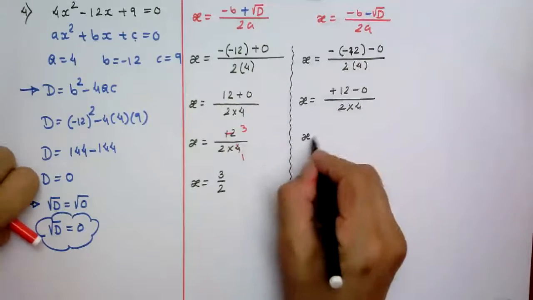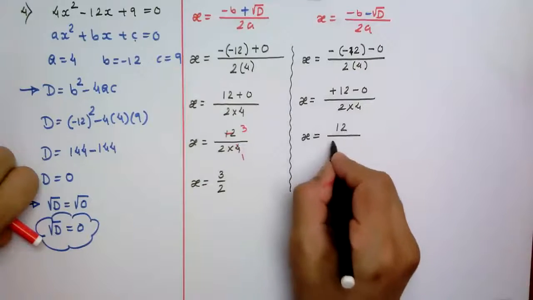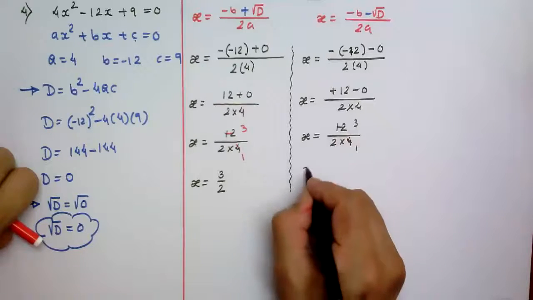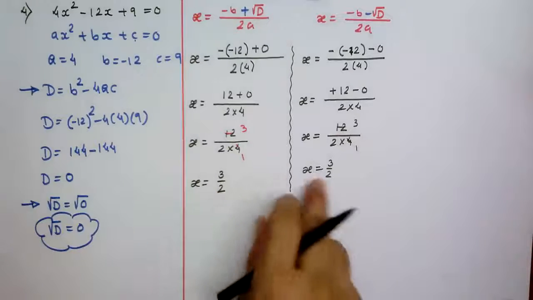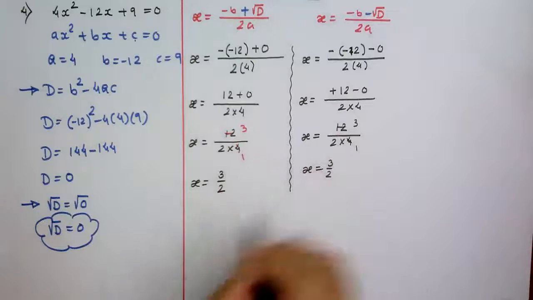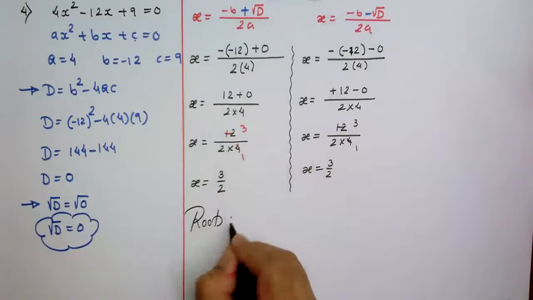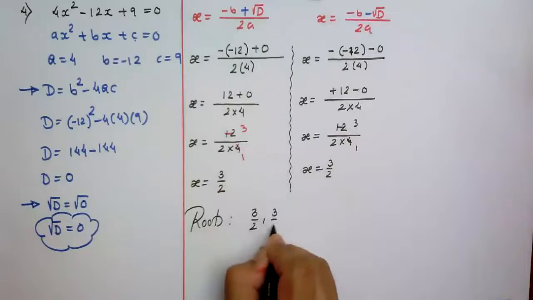Minus 0 has no meaning at all. 0 is subtracted from the 12, so you are going to get 12. Again cancellation, 4 1s are 4, 4 3s are 12. So x is equal to 3 by 2. Oh, we got two identical roots. So the roots of the given quadratic equation are 3 by 2, 3 by 2.